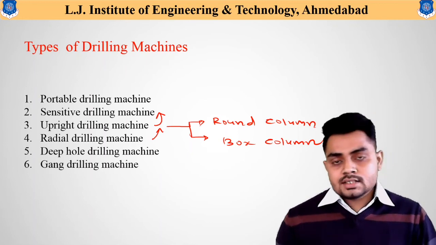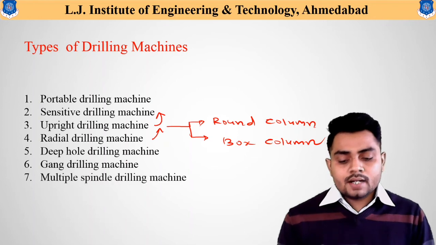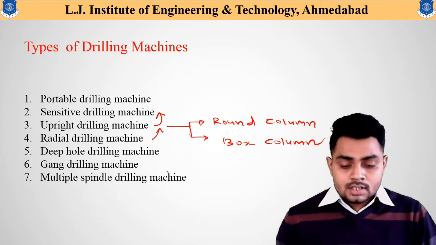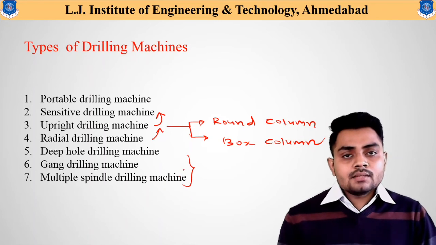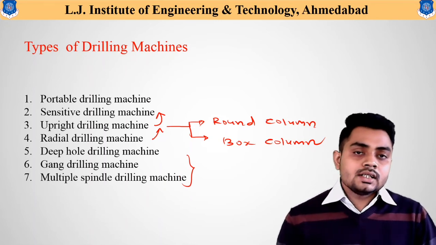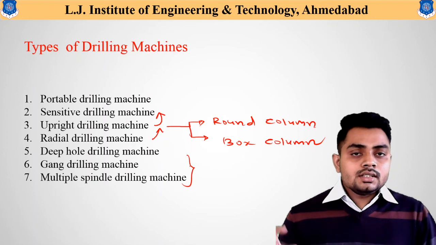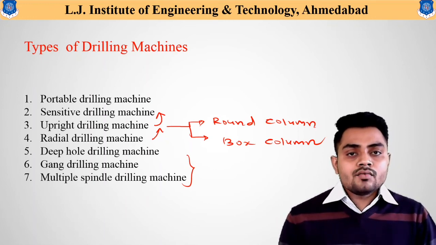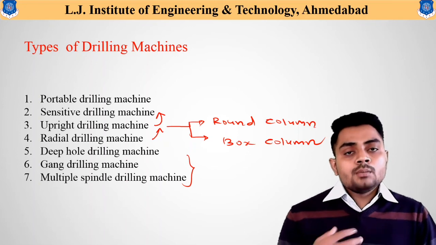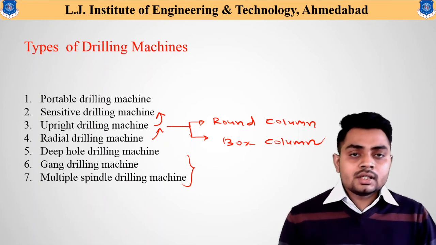Now the next one, that is the gang drilling machine and the multiple spindle drilling machine. There is a major difference between the gang drilling machine and the multi-spindle drilling machine. In both these drilling machines, multiple holes can be generated very easily on the component that we need to machine.